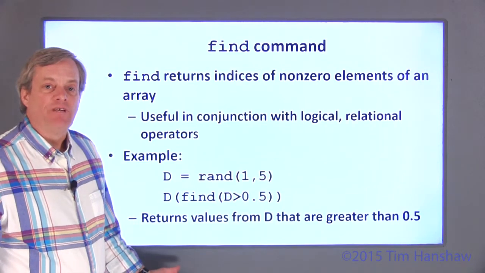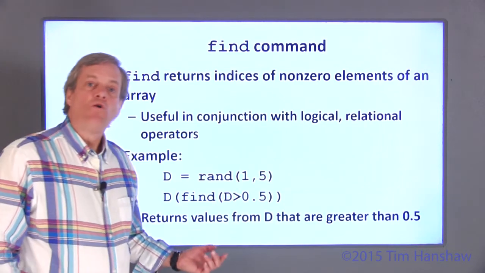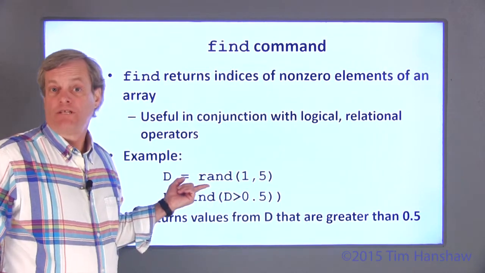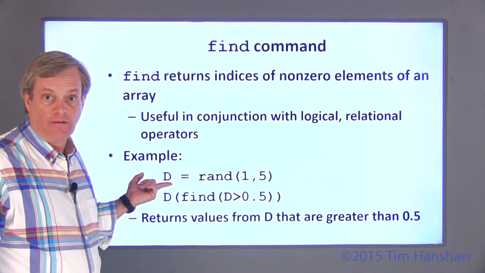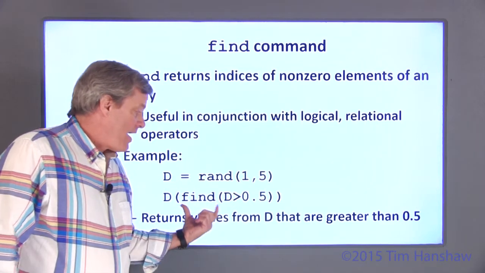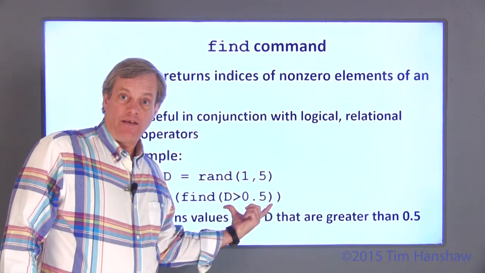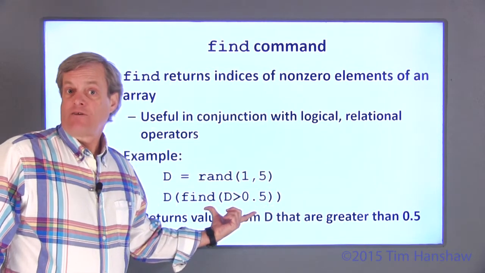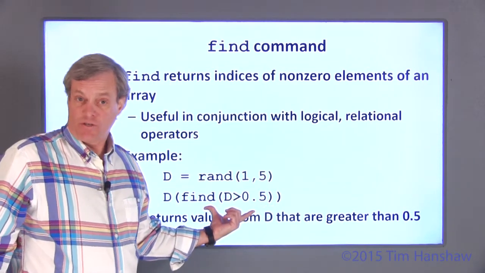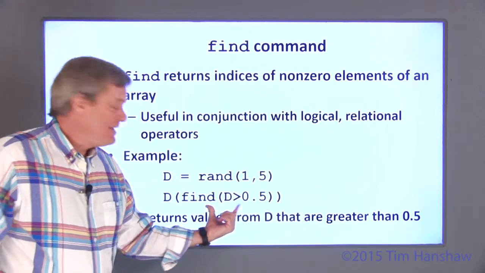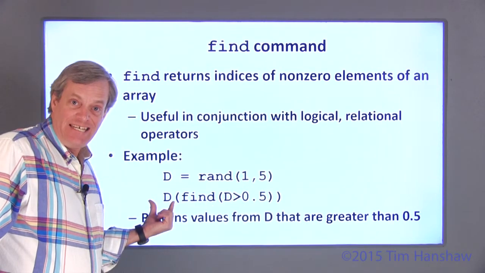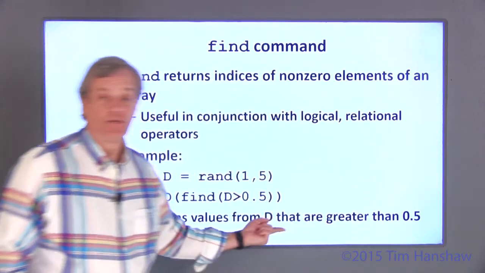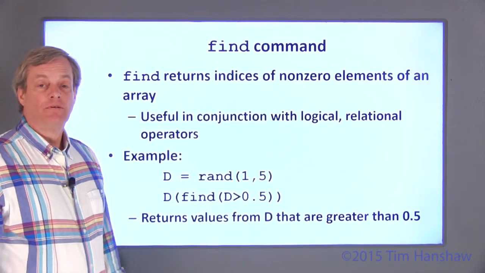As an example of this, I can create a row vector of 5 uniformly distributed random numbers between 0 and 1 with this command. This command finds the values in that array that are larger than 0.5. The find command returns indices where this condition is true, and using those indices as an argument to d extracts the values that are true, or returns the values that are greater than 0.5.